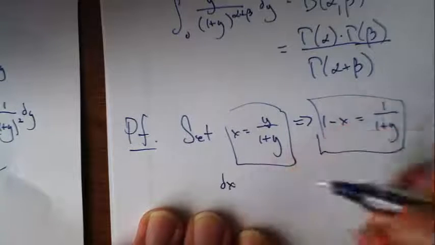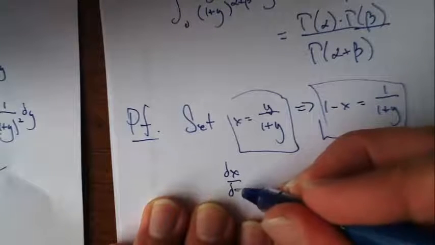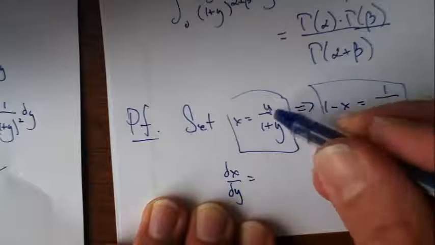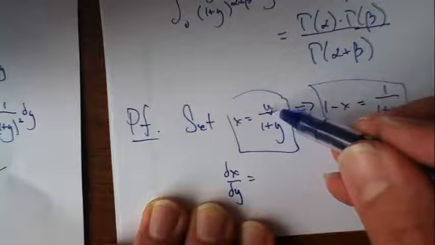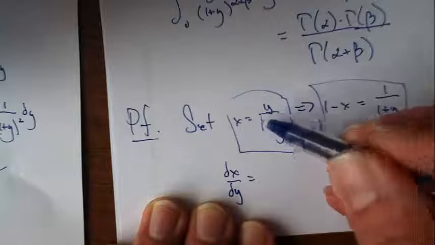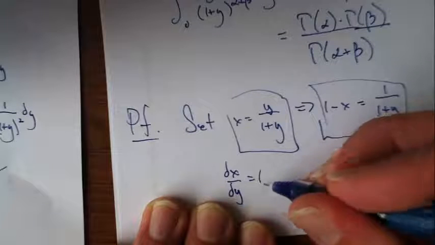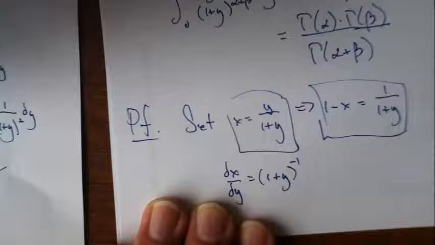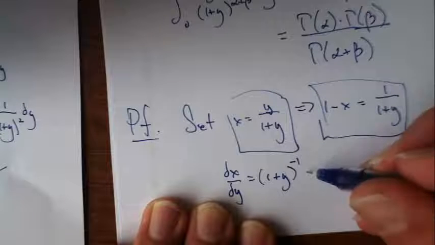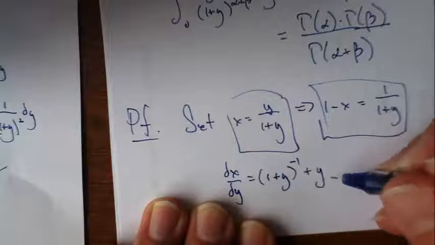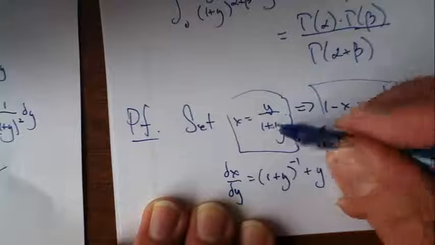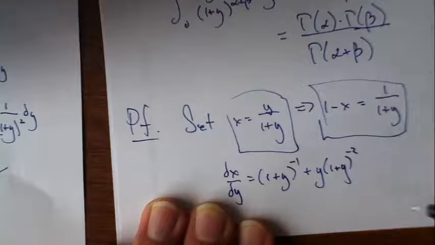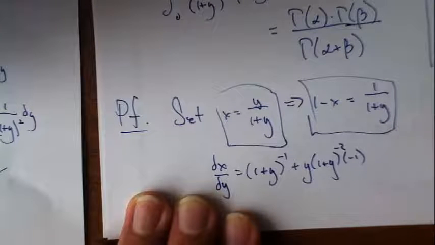So if I say dx dy, if I differentiate that way, that's going to be, using the product rule here on this guy. This is a product of y and 1 over 1 plus y. This is just going to be 1 times 1 over 1 plus y, right? Plus y times the derivative of 1 over 1 plus y, which is, take 1 plus y to the negative 2, and then times a negative 1, right?